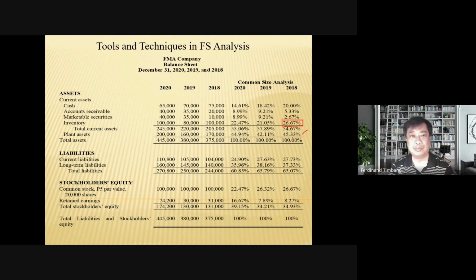Kung hindi naman, marami kayong obsolete na inventory dyan, which is sometimes possible. Or maybe what you can do is to sell them at a lower price so that you can sell your inventory at ma-reduce natin ito. So mga ganung bagay, yung ganung pag-analyze ng common size.